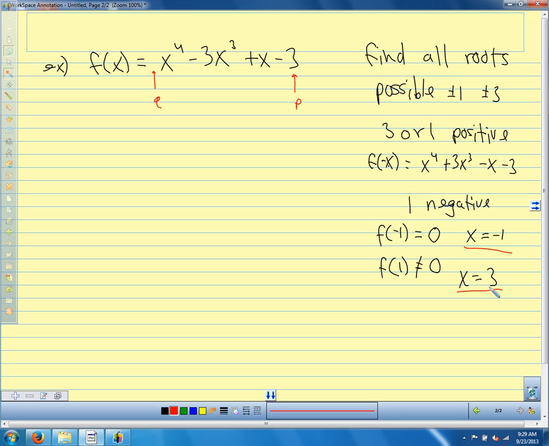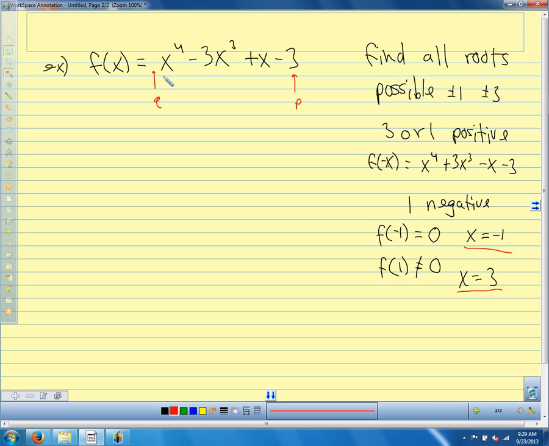All right. Now how do I find the rest? Now I start doing synthetic division. I'm going to do synthetic division with x equals negative 1. What do we know has to happen when I do synthetic division when x equals negative 1? The remainder is 0.